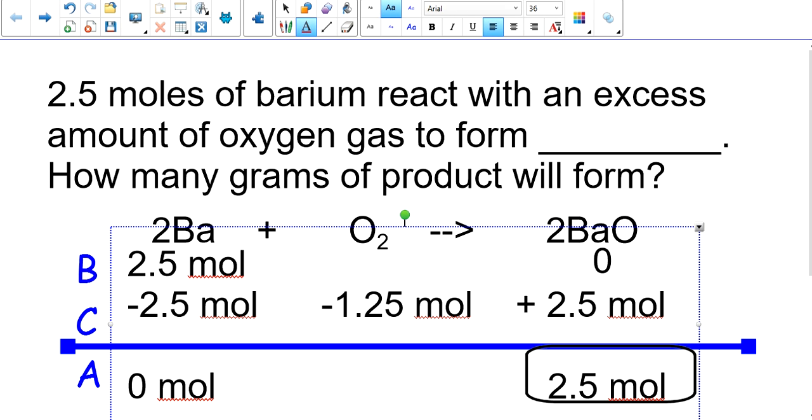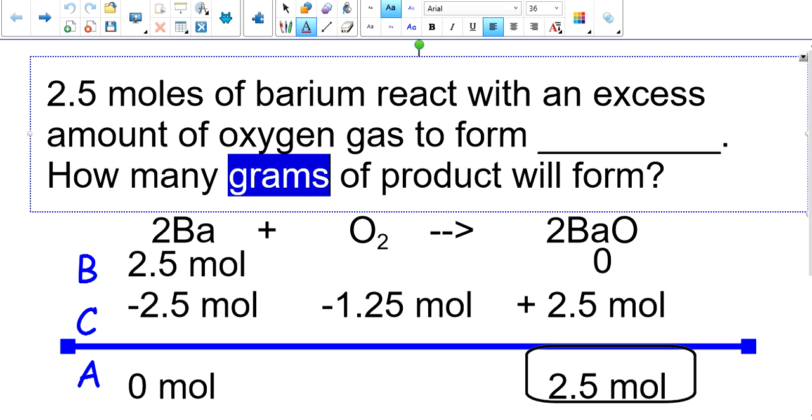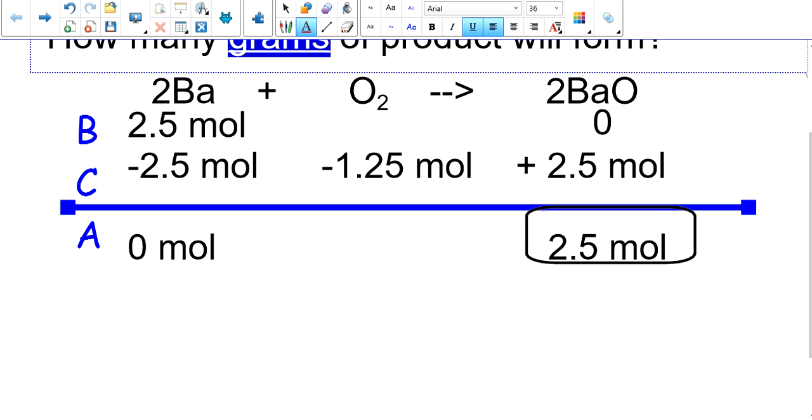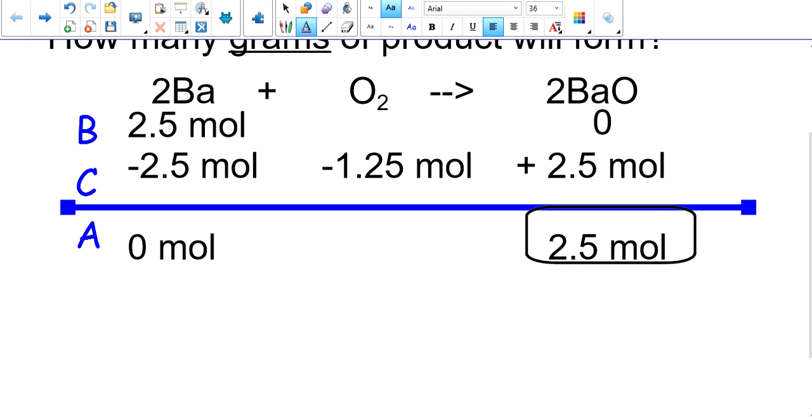But down here, voila, I got my information, right? I've answered the question. Careful, because it's very important to pay attention to the units. This says grams. Is that in grams right there? It ain't grams. You're like, oh, rats, I got to get this in grams. Well, to get this in grams, it's just a simple little work proportion. All you got to do is look on the periodic table and you find the molar mass of barium.